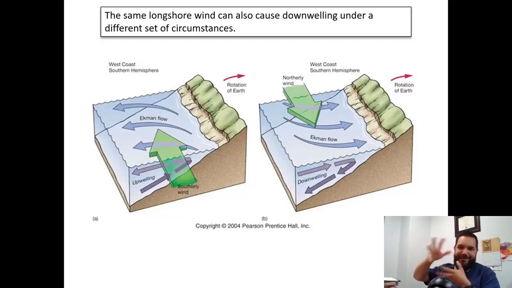There are all these variables that come into play. But the basic pattern is, if the Ekman flow is going off the coast, you're going to get upwelling. If the Ekman flow is going towards the coast, you're going to get downwelling.